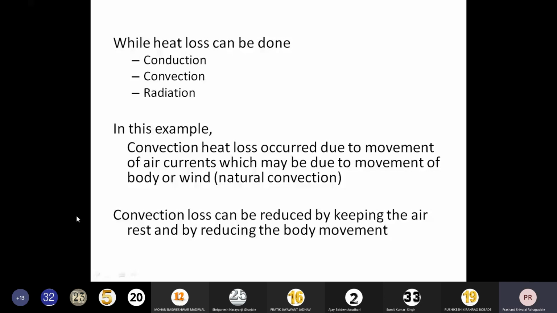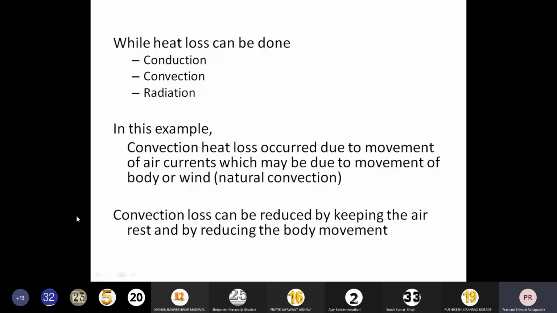Okay. So in our case, the convection heat loss occurs due to what? Because what was convection? When air or gases or liquid move, convection happens. So here the air currents are responsible for heat loss due to convection, which is happening because either we are moving or there is wind circulation, then this can happen.